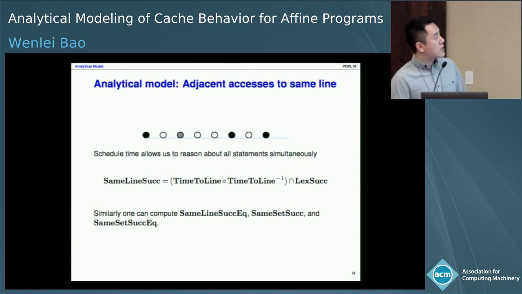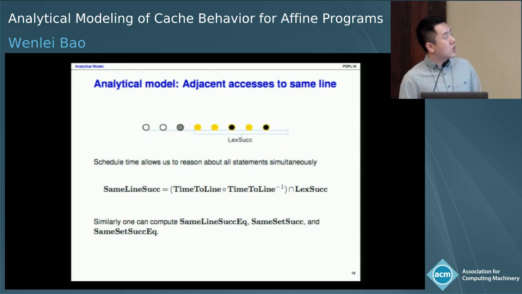To get the same line that is accessed later, we can have a composition of the time-to-line and line-to-time maps, which gives you all the colored time points which access the same line. Then you intersect with the lexical successor relation, which shows what happens later.